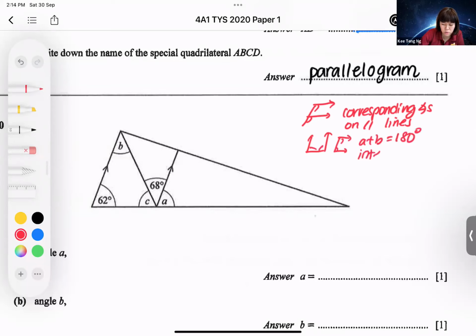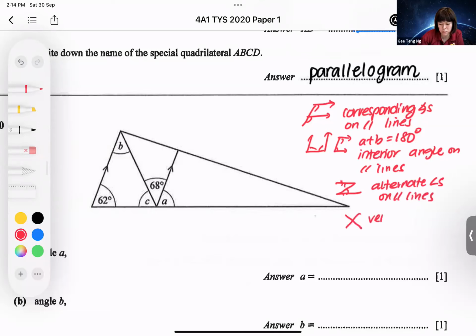That is interior angles on parallel lines. I've got a letter Z, sometimes it's useful. Okay, alternate angles. And last but not least, X for vertically opposite angles.